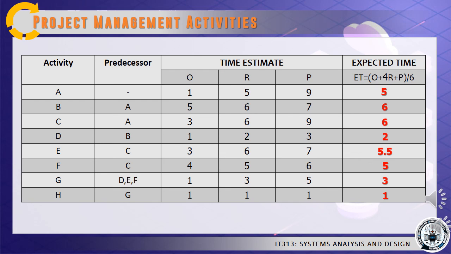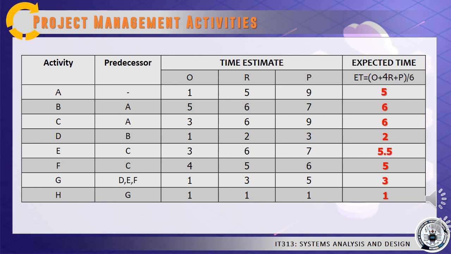So we'll have to substitute the variable O with 1, R with 5, and P with 9. And then, following the MDAS rule, we'll conduct first the multiplication. So that would be 4 times 5.